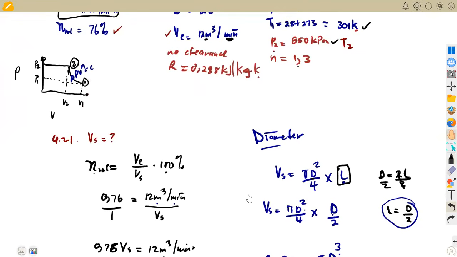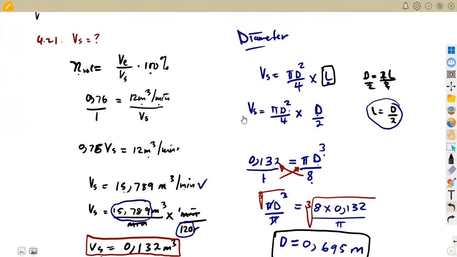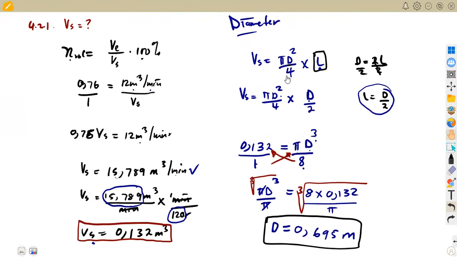Also, know the relationship between your stroke volume, the diameter and the stroke length. Mostly they give you a relationship to be taken between the length, which is your stroke length, and the diameter, and they'll ask you to calculate the stroke volume.